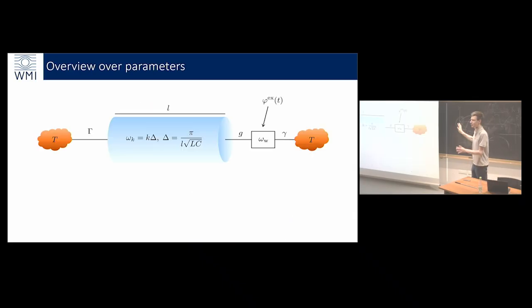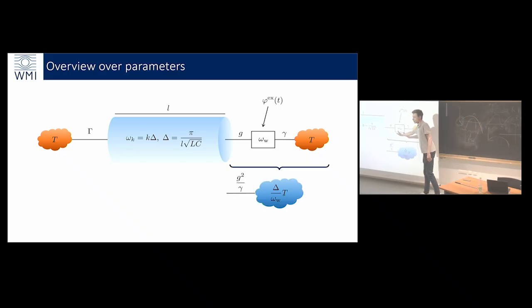Now I want only to summarize the parameters in the system to make it a bit easier to follow. So we have this waveguide, which couples to the temperature at rate capital gamma, which is small. And on the other side, it couples with the rate g coherently to the waste mode, which itself is strongly coupled to the environment at rate small gamma. And deriving the master equation basically amounts to interpreting this part as an effective bath, which couples at rate g squared over gamma now.